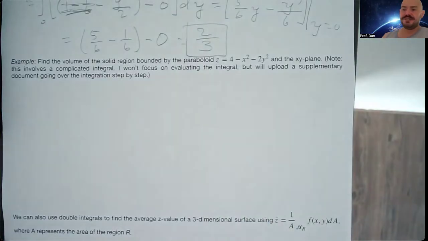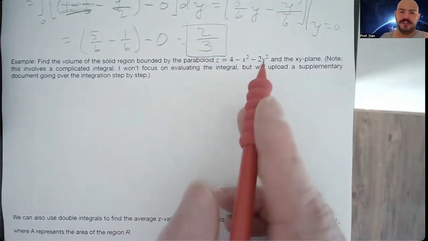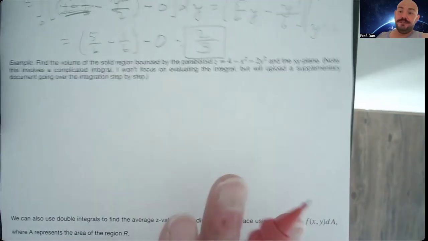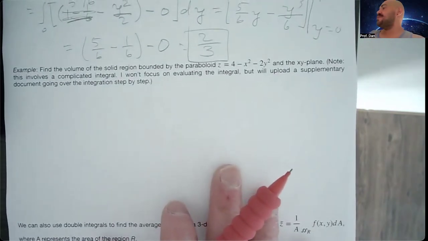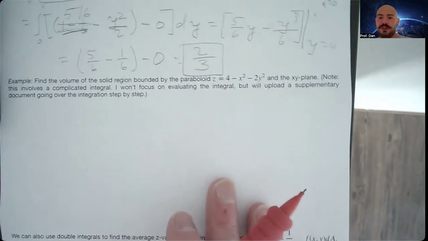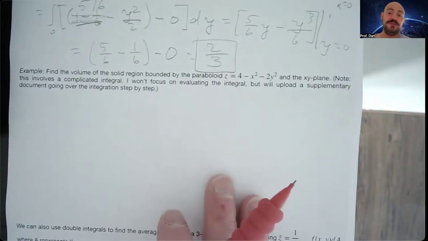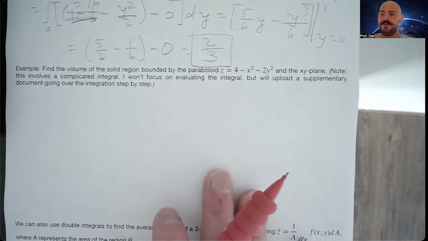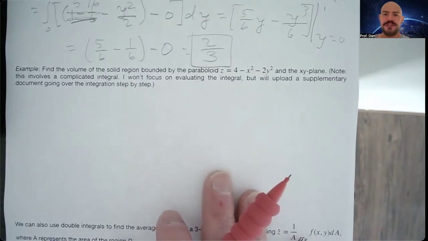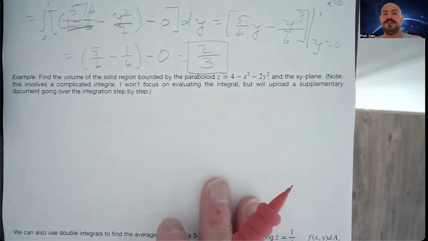Now to get us started on it, think back to Cal 1, when you had to do questions where you were finding area between curves. One thing that you had to do was figure out the intersection points, because typically that would be the bounds that you're using.